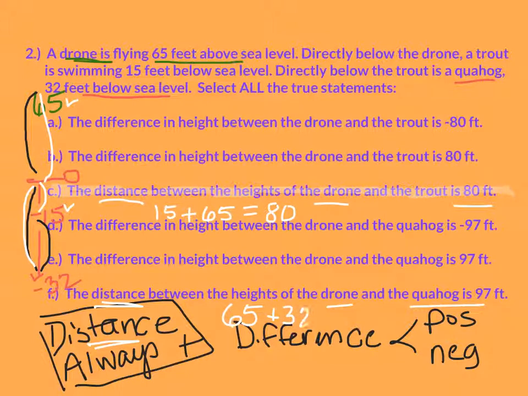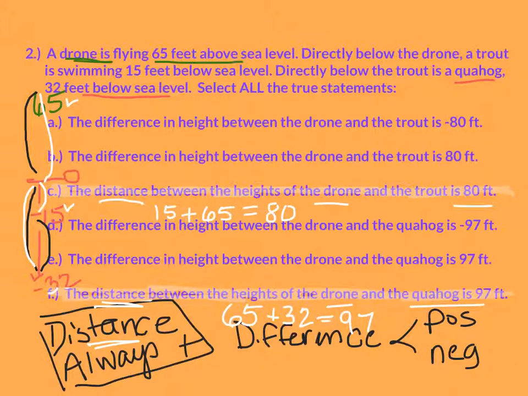So if I add those two together, 60 plus 30 is 90, 5 plus 2 is 7. That's certainly 97. So this one would also be true, that the distance between the heights of the drone and the quahog is in fact 97 feet.